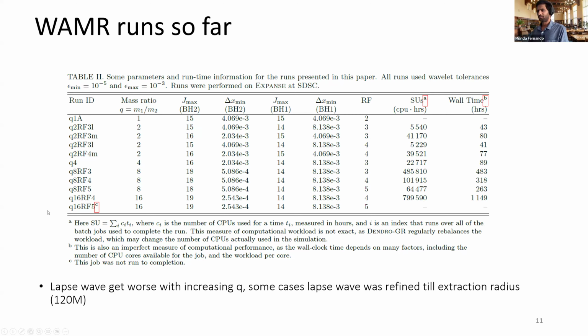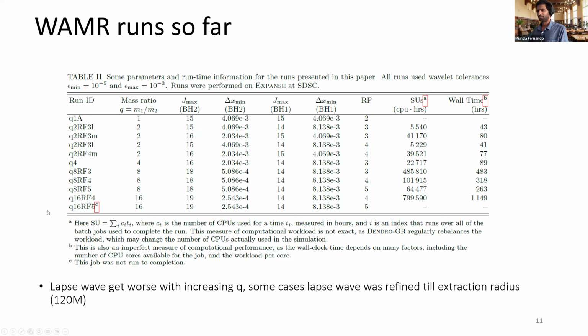Depending on the wavelet tolerance, wavelets coarsen the region at the extraction radius, and because of that we can see these higher order extracted modes damp very quickly.